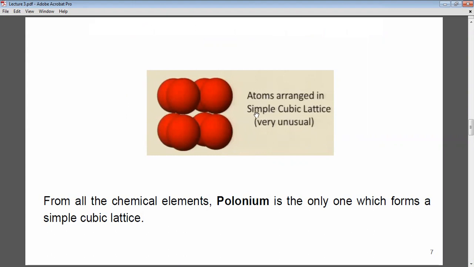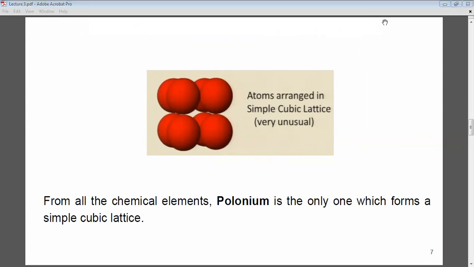Of all the atoms in the periodic table, only one element, which is polonium, takes a simple cubic arrangement. Before I move forward, I will just mention briefly that polonium was discovered by Marie Curie, and she named it polonium after her homeland, Poland.